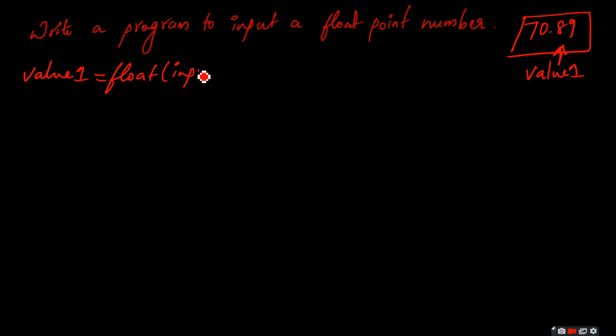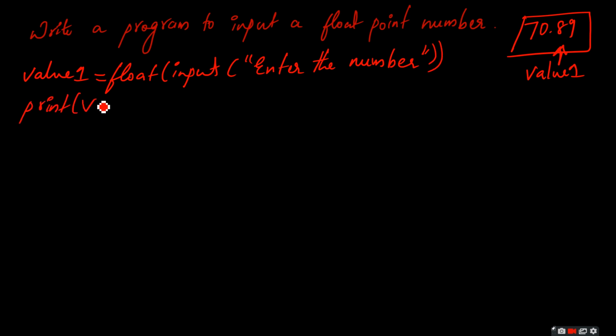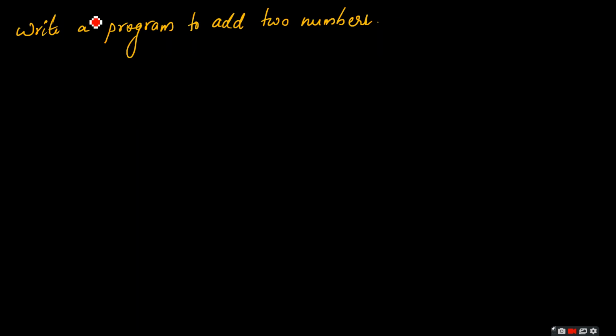After that, we will write input. Then we will write enter the number. We can give enter the number, enter the value, like that according to our wish. Then we will write print value1.